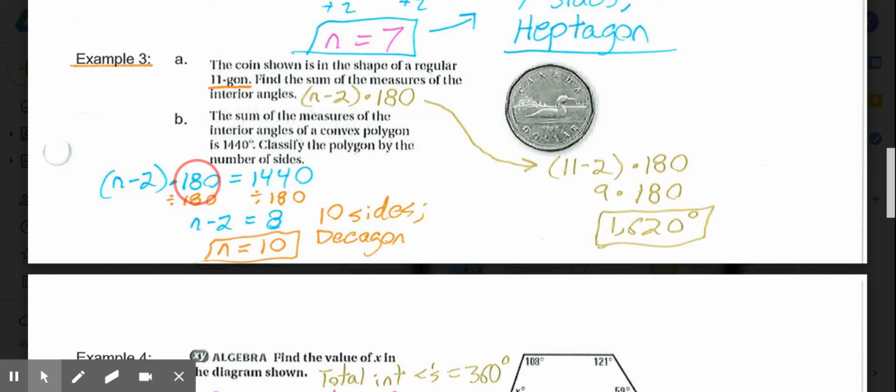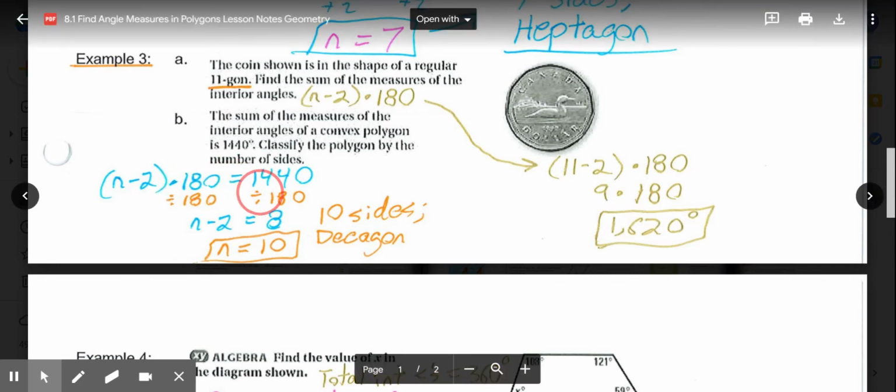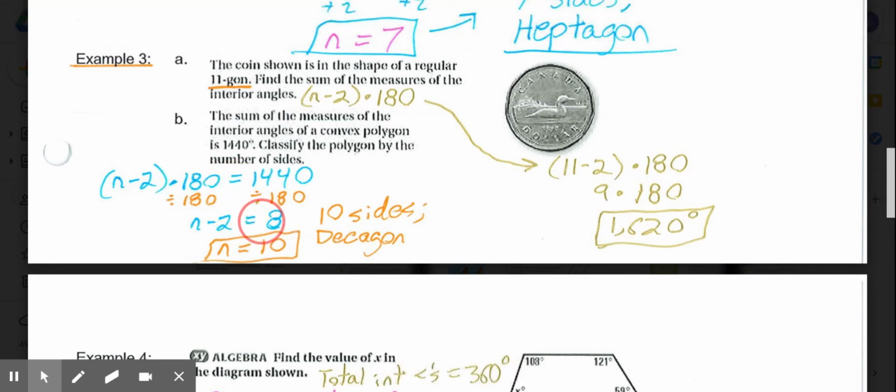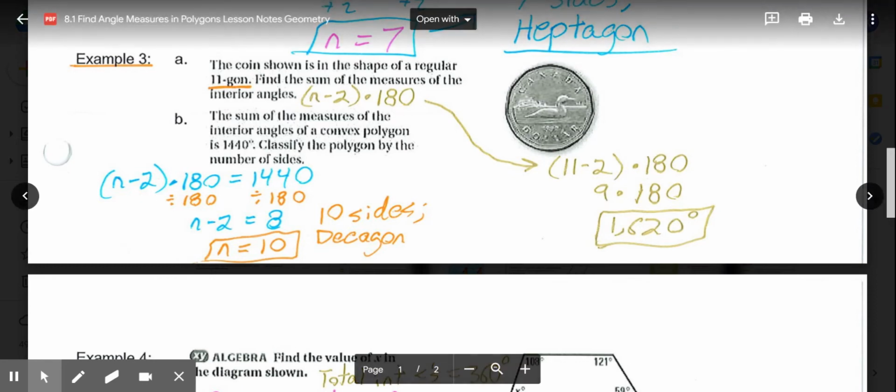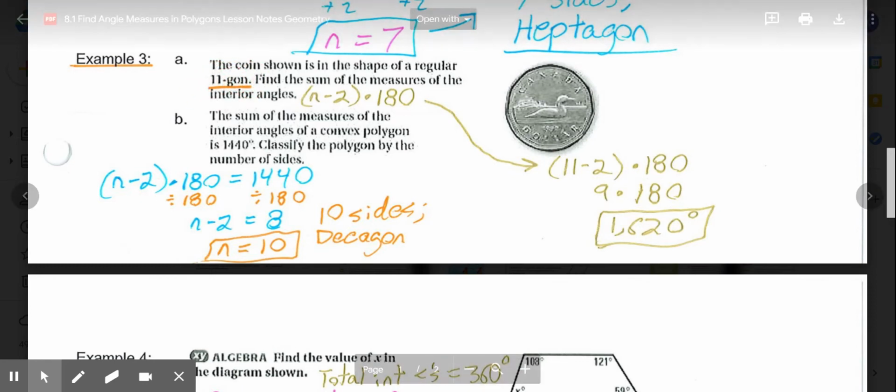To find the number of sides, we divide by 180, n minus 2 equals 8, add 2 to each side, and n equals 10. So we know that polygon is 10-sided, meaning it's a decagon. You could also call it a 10-gon, just like an 11-sided figure is called an 11-gon.